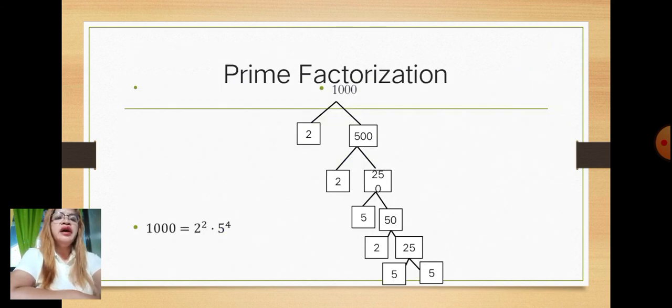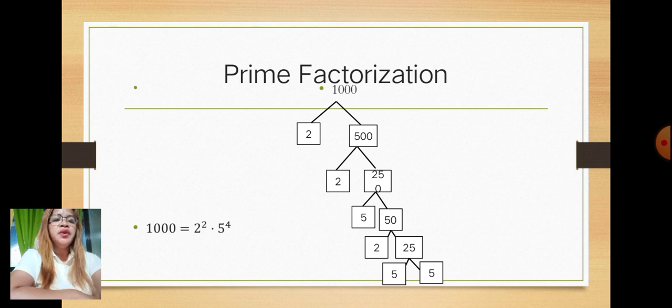Another example, we have the number 1000. The number 1000 is an even number. So 1000 divided by 2 is equal to 500. 500 is divisible by 2, so 500 divided by 2 is equal to 250. 250 is divisible by 5, so 250 divided by 5 is equal to 50. 50 is divisible by 2, so 50 divided by 2 is equal to 25.